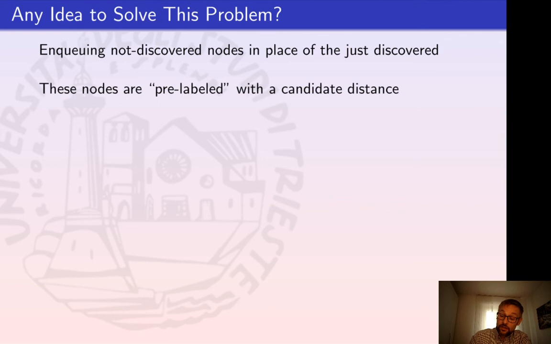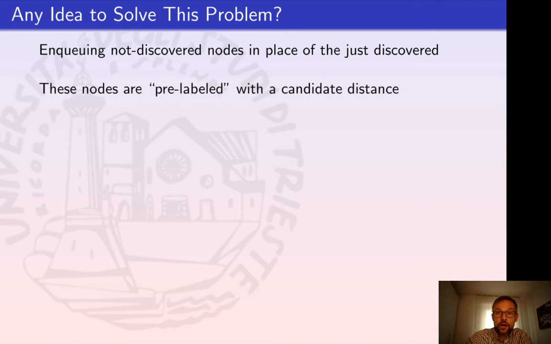We need to update all the candidate distances for all the nodes reachable with just one step from that node. And then among all the nodes whose candidate distance is not finalized, we must select the one with the smallest candidate distance.